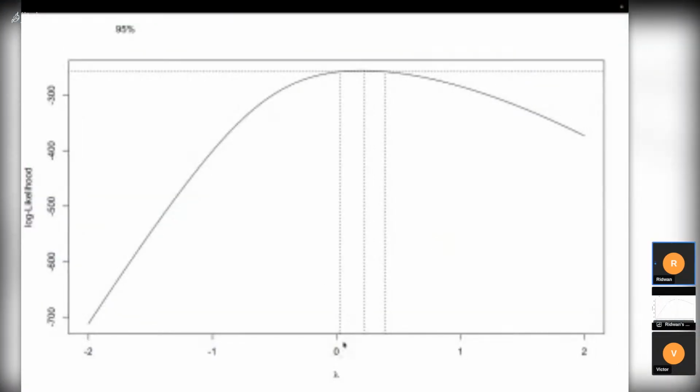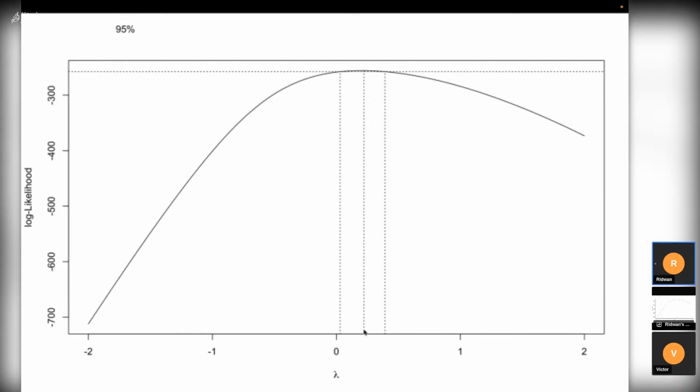If you look at this, we can see we have three possible values of lambda, and most of them are close to 0 point something. So 0.5 should be around there, so from 0 to 0.5 you have the values of the lambda. This line here is the optimal lambda you are looking for.